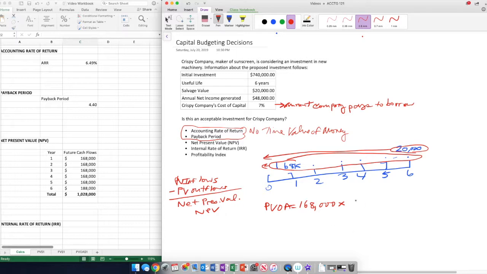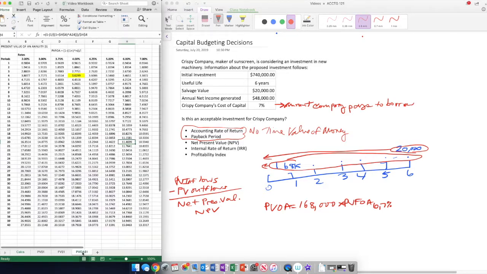Now, we are going to look for the present value factor for an annuity for 6 periods at 7%. And again, we don't want to do the calculation if we don't have to, so we can go to the table. Present value of an annuity, 7%. We go down to 6 periods, and we see that the number is 4.7665.